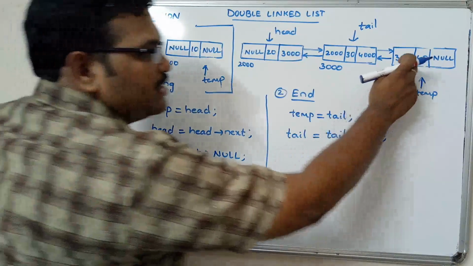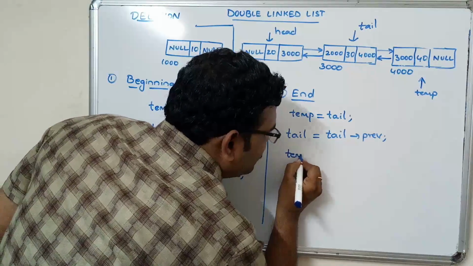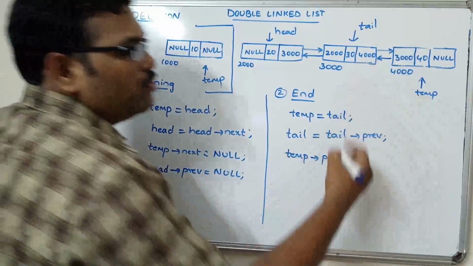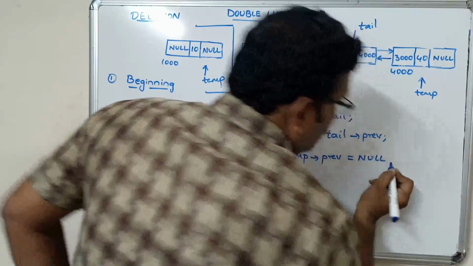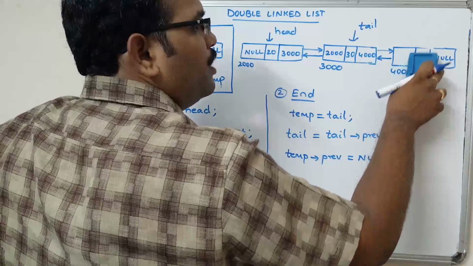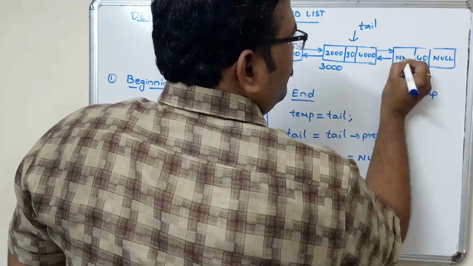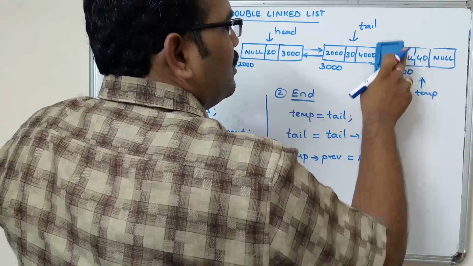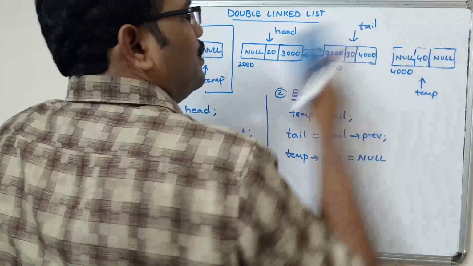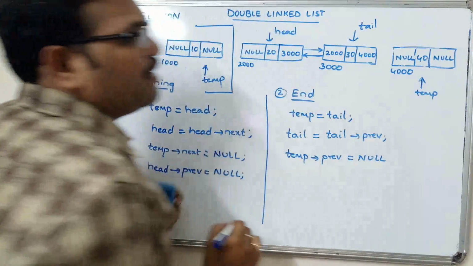So what is this one? temp of previous is equal to null. So automatically here the 3000 will be removed and null will be placed so that the link is disconnected now. Right? The link is disconnected.